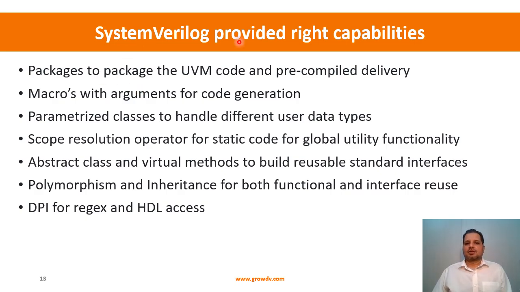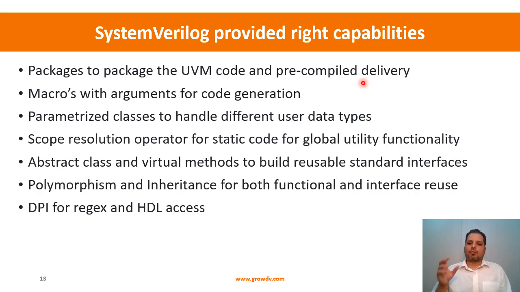So what does SystemVerilog provide? Packages are used, right? We import UVM as a package, we have seen it, and that package is delivered as a pre-compiled library in the simulators, so that we can load it very quickly. Otherwise, if we had to compile so many base classes, it would take a very long time, right? So this is a very important component, that we package it, and we package it in the pre-compiled format.